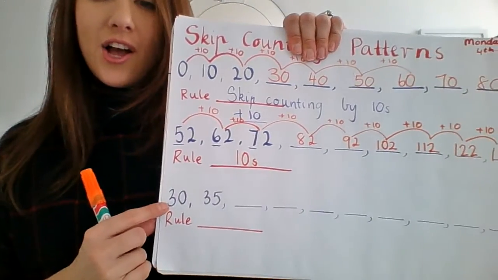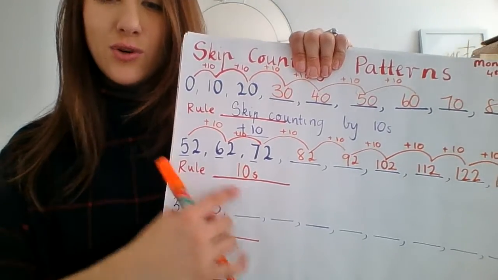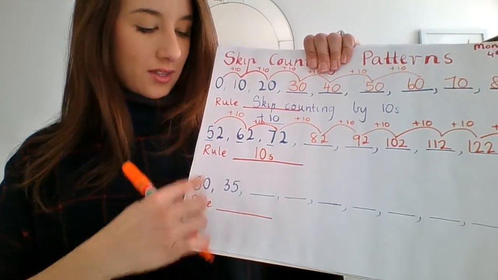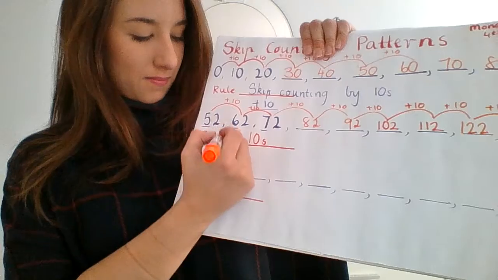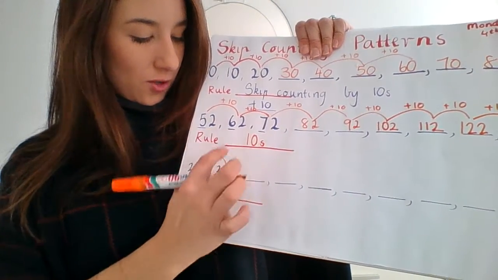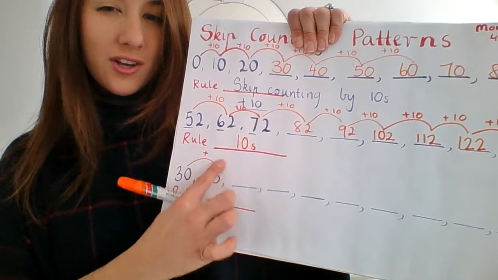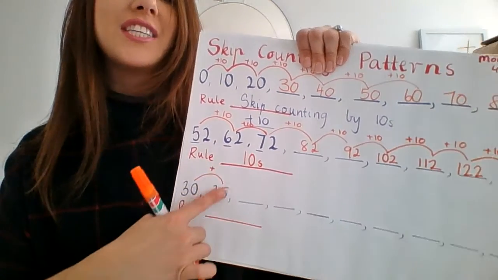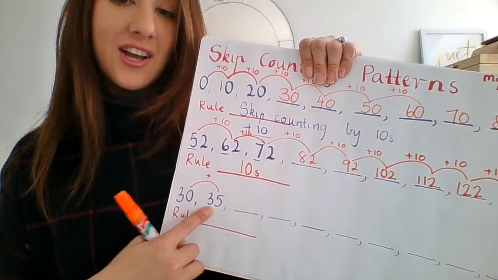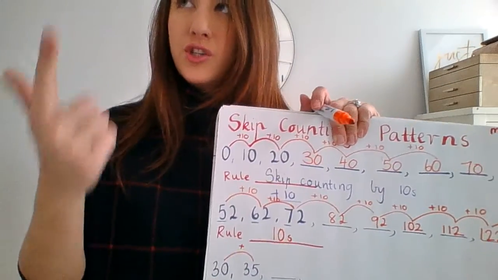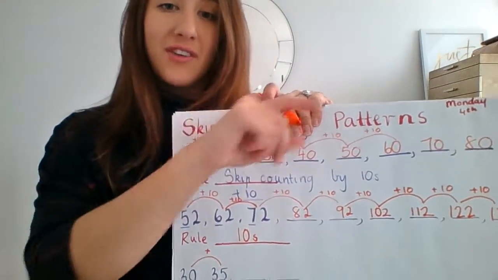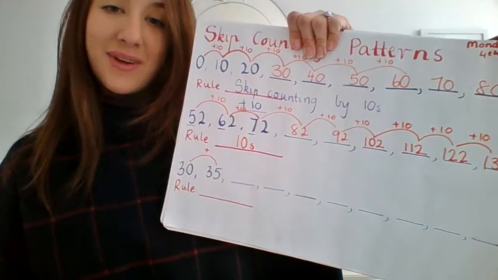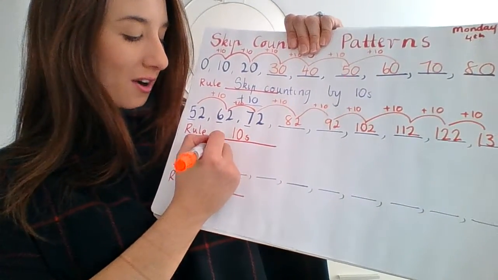Okay, now let's have a look to see how many between this number and this number. So we're going to find out what this jump is. 30, 35. Okay, 30, 31, 32, 33, 34, 35. So it must be a skip counting pattern by fives.